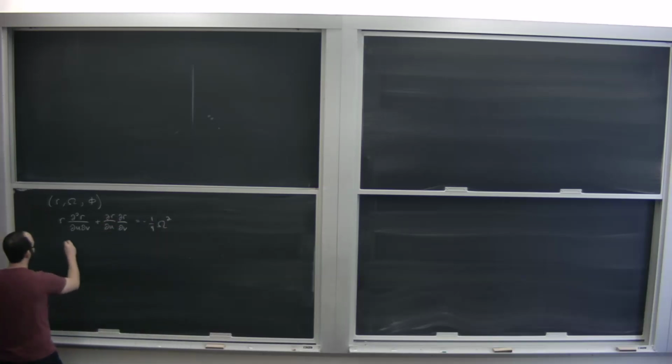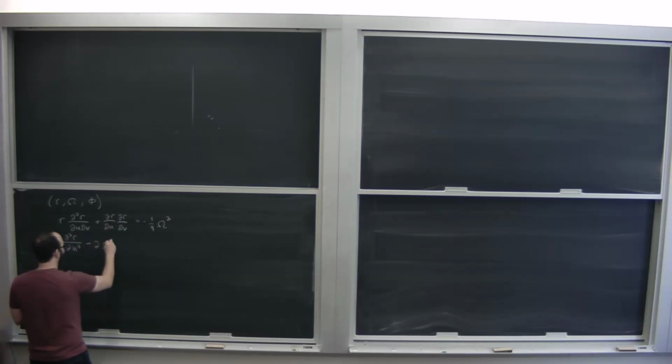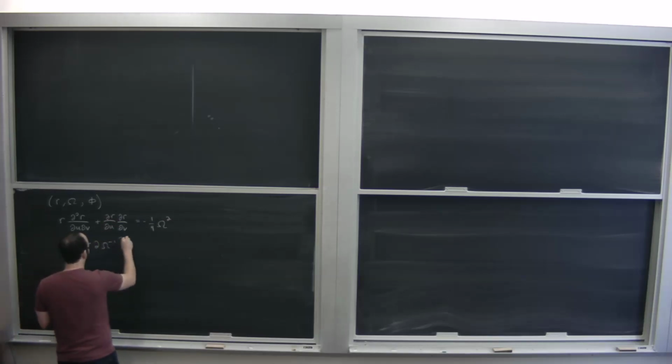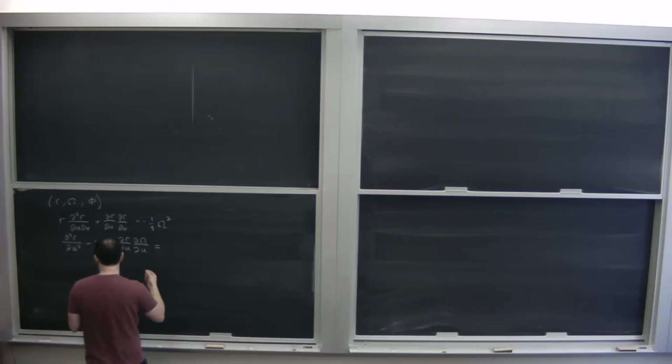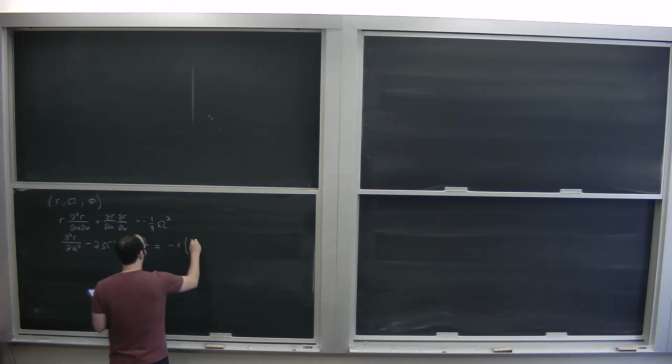We have the two Raychaudhuri equations, or the null constraint equations, which you can think of as ODEs, most naturally for the function r along null hypersurfaces.